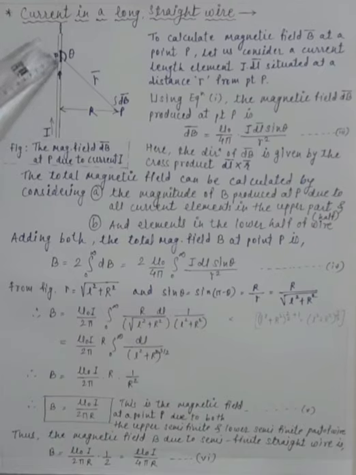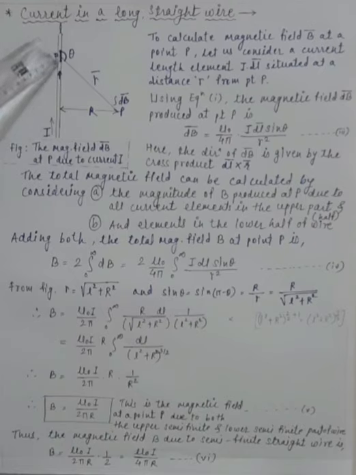The direction of this dB bar is given by the cross product of dl bar and r bar. To find the total magnetic induction, we have to find the overall induction due to the small elements in the upper half of the wire and the lower half of the wire, because the wire is divided into very small current length elements.